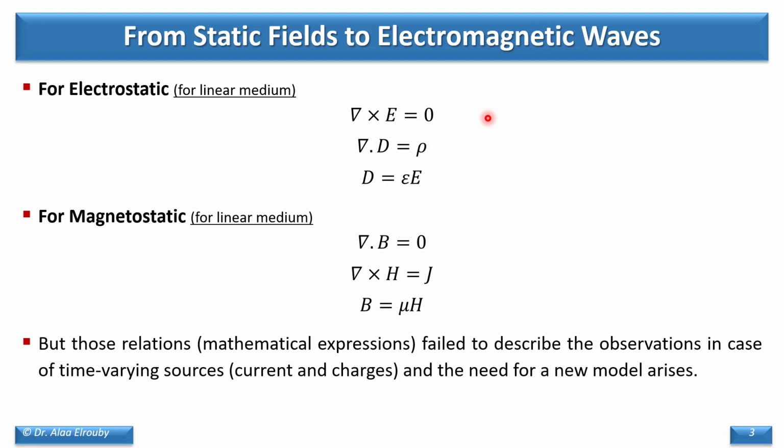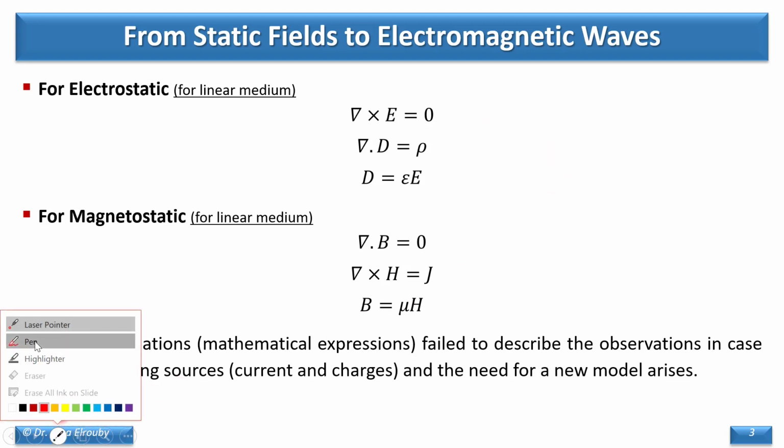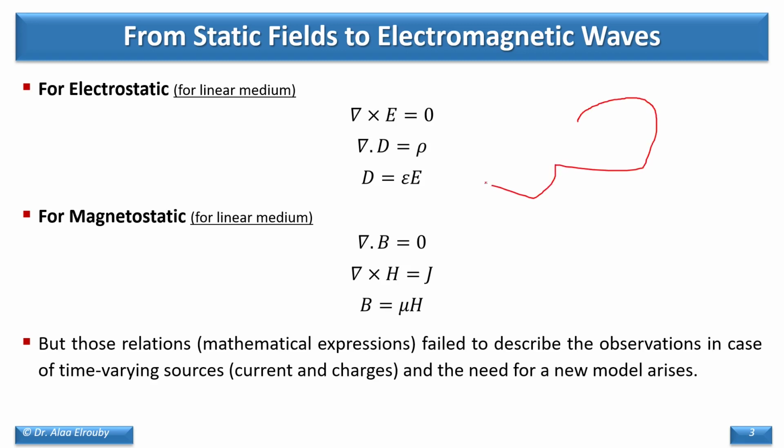This is the conservation of the electric field, or the uniqueness of the electric potential for any point, which means that if we circulate along any closed path and integrate E dot dl along this path from one point to itself, the potential difference will equal 0.